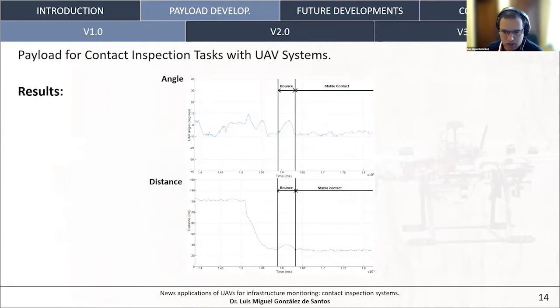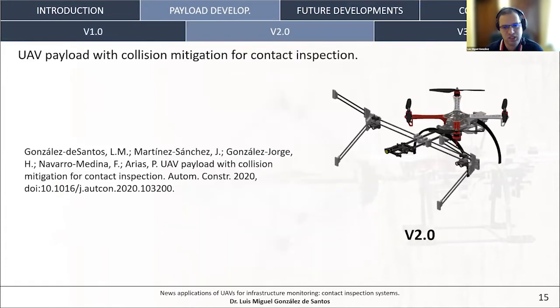This is due to the flexibility of the contact support, and taking all this into account, we developed the second version of the payload, which was published in Automation in Construction journal, and several improvements were introduced in this version, from the modification of the contact support, making it more rigid, to the control algorithms.